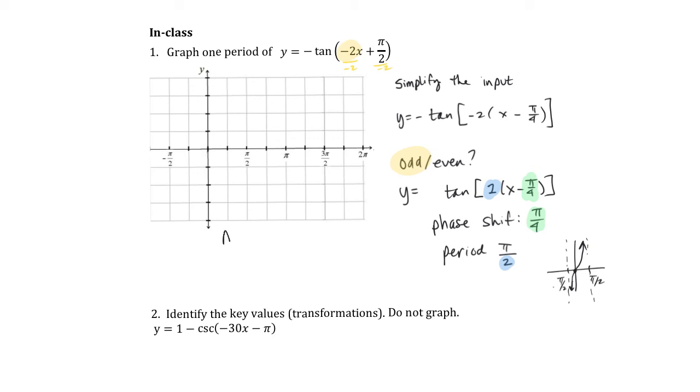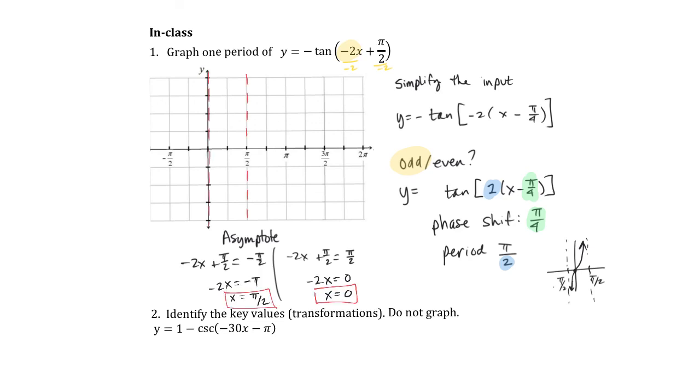What I like to do is I just like to go for asymptotes. Okay, where's my original asymptote for tangent? Negative pi over 2. Where's my other one? Pi over 2. So I'm just going to figure out what those asymptotes are. So I take whatever my original input was, and we'll just solve for x, and that'll tell us what those asymptotes are.